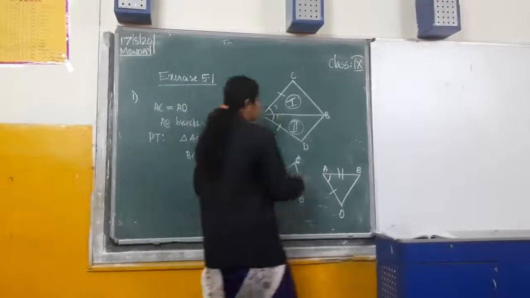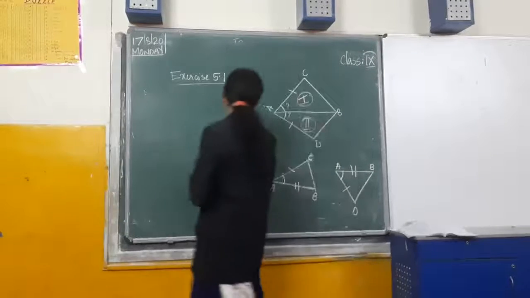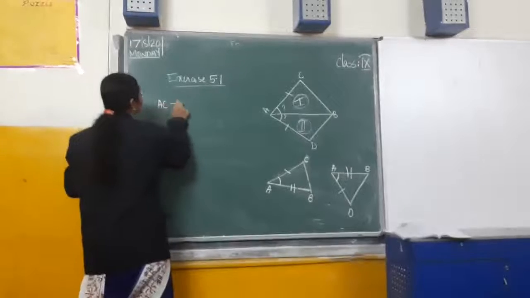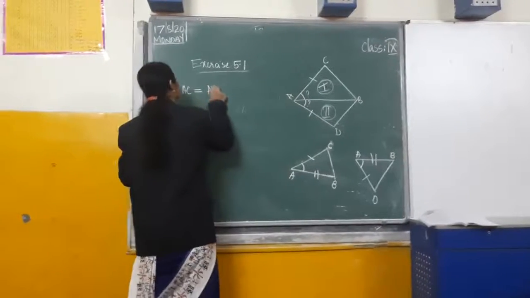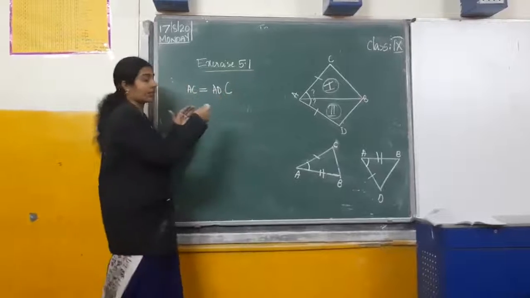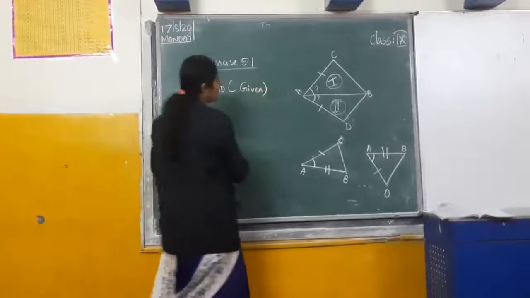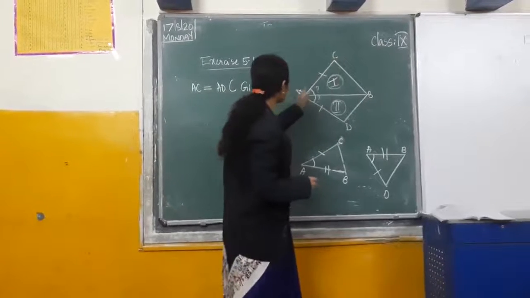So we can write the proof for that. First triangle, AC is equal to AD. What is the reason? Already they have given. Next, you can say angle CAB.